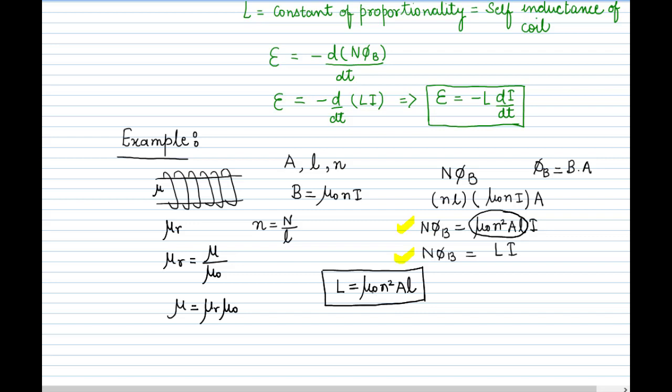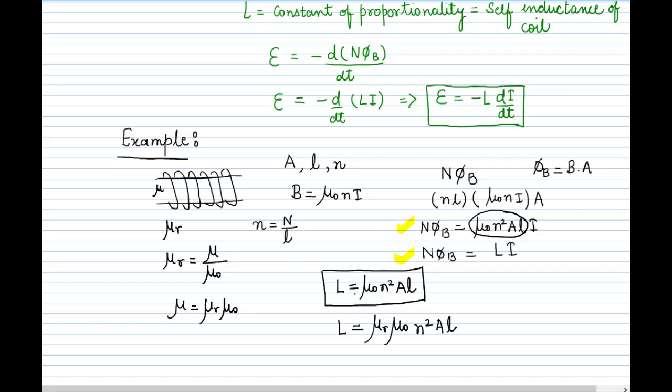So instead of mu naught, we will have mu here. Our formula for self-inductance will become mu R mu naught N square A L.